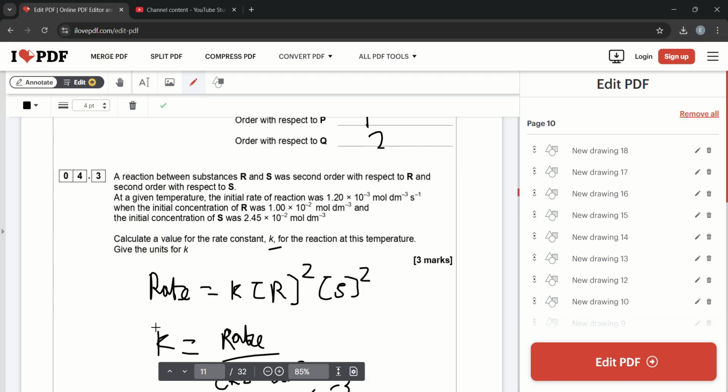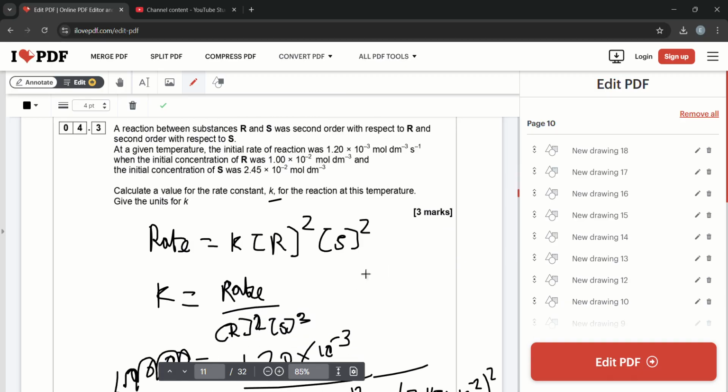And the units, probably the hardest part of the question. Well, the units is going to be mol dm^-3 s^-1 over mol dm^-3 to the power of 4. That cancels out.